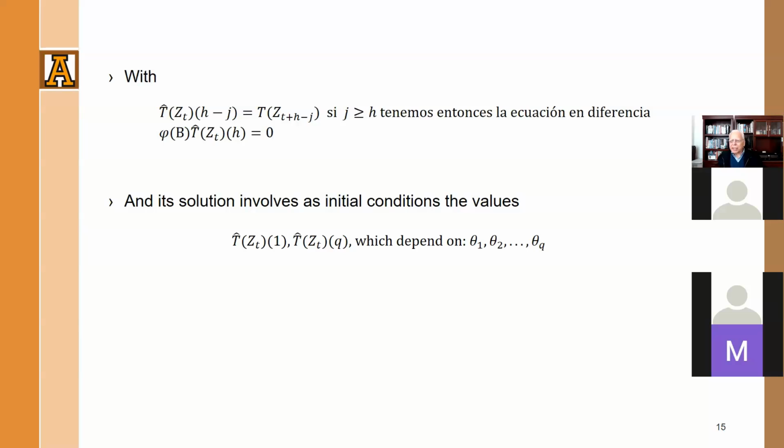So the q moving average parameters only intervene to fix the initial conditions for the forecasting process. Once we exceed q, we forget about those initial conditions, and all the behavior of the forecasts is driven by the autoregressive polynomial.